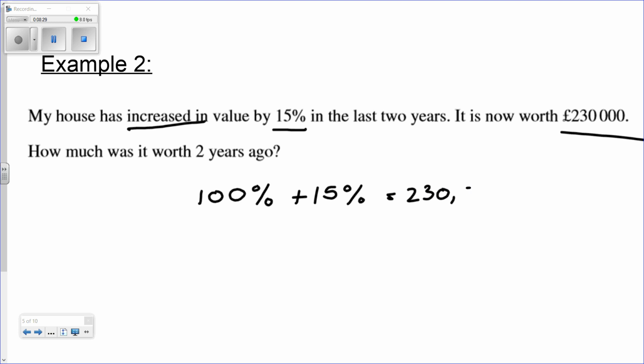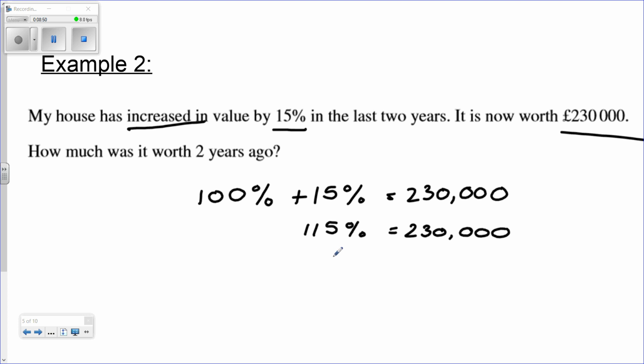We want to know, what was it worth before that percentage increase? What was this 100% value? So we tidy up the left, so 115% equals 230,000. That first line of work in there, the second line of work in there, gives you 1 mark in the exam.